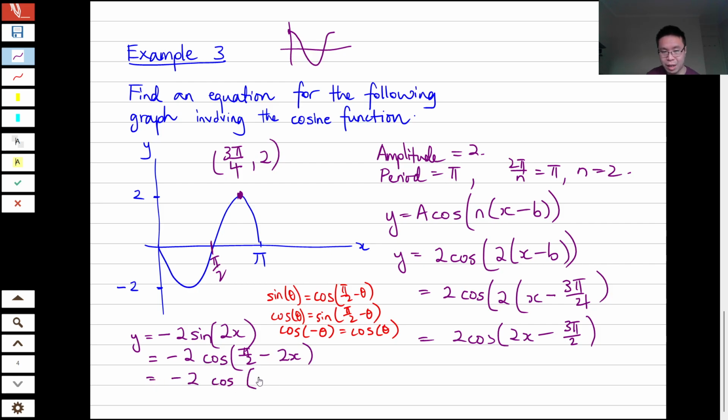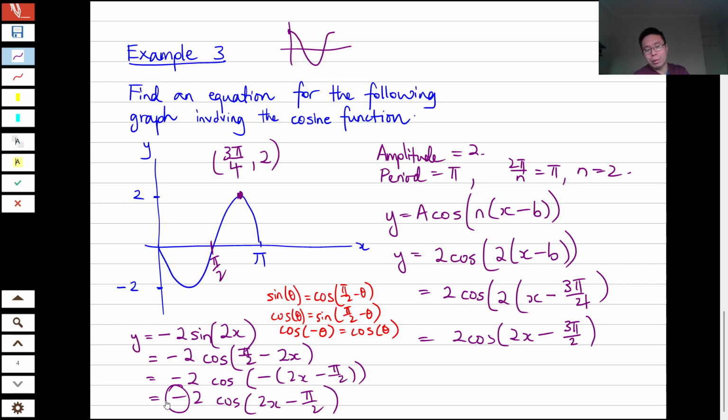So I can write this as negative 2 cosine of 2x minus π on 2 in brackets. Okay, and now we need to think about this again. It looks like I'm almost there. It's just that I've got a negative sign.